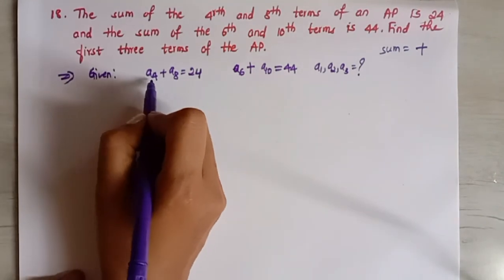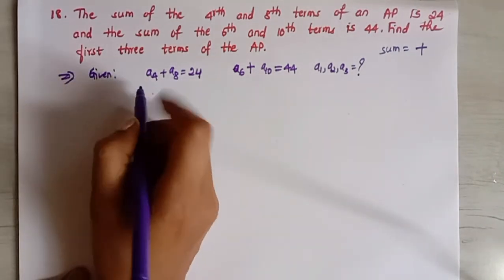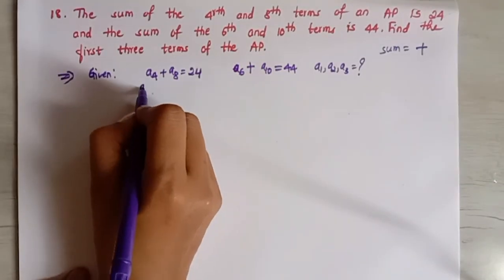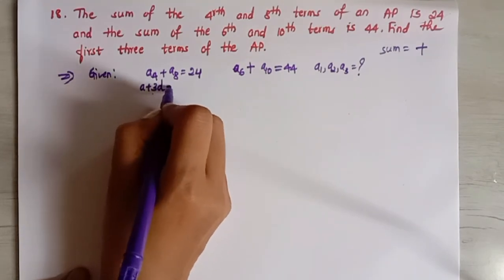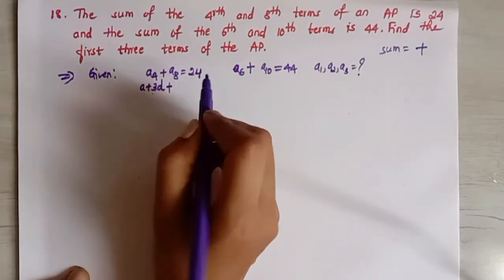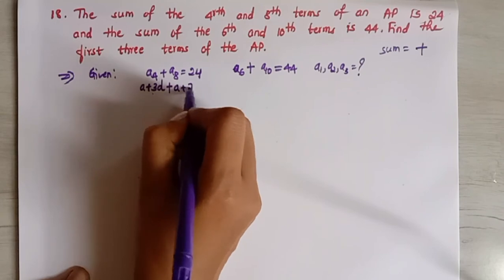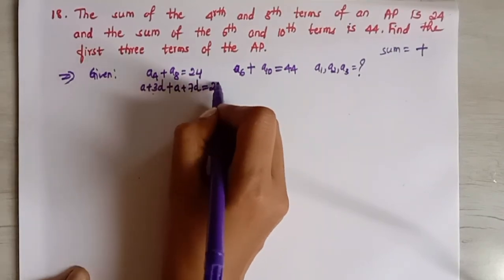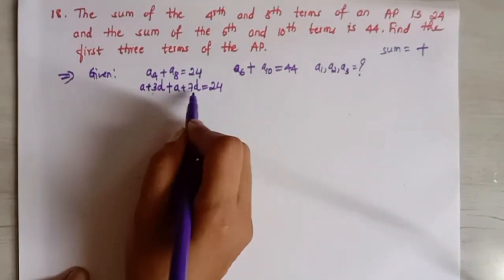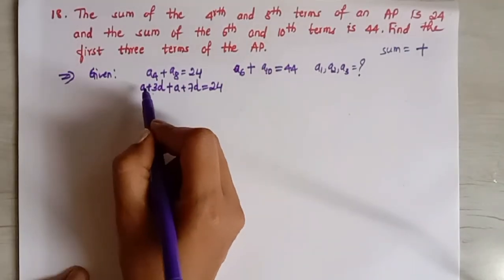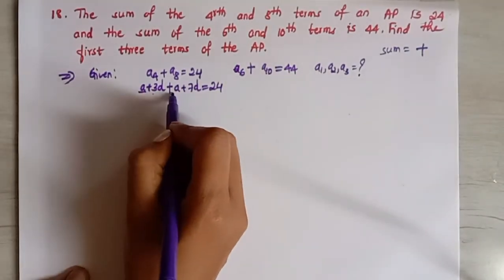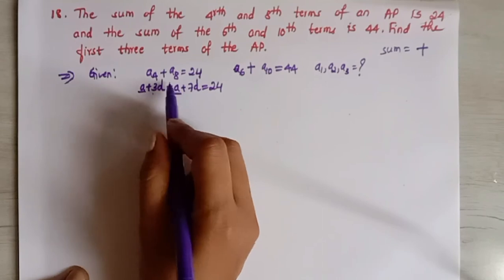So what is A4? General form of AP, yes, it is A plus 3D, plus what is A8? It is A plus 7D, which is equal to 24. So let us simplify this. Here we have to add the similar terms.